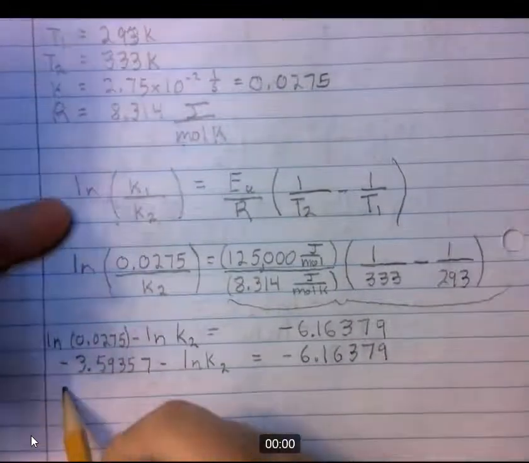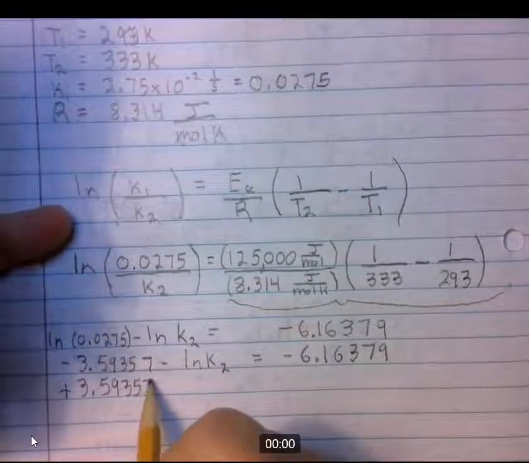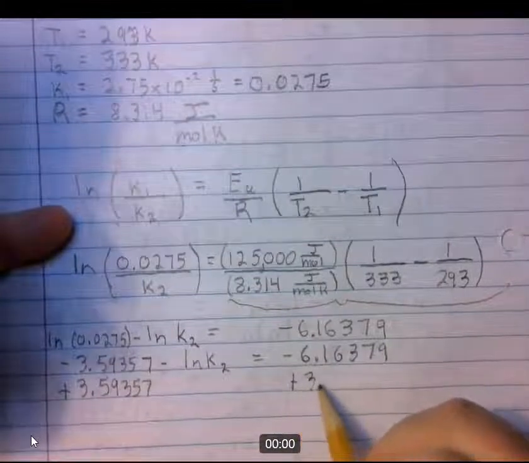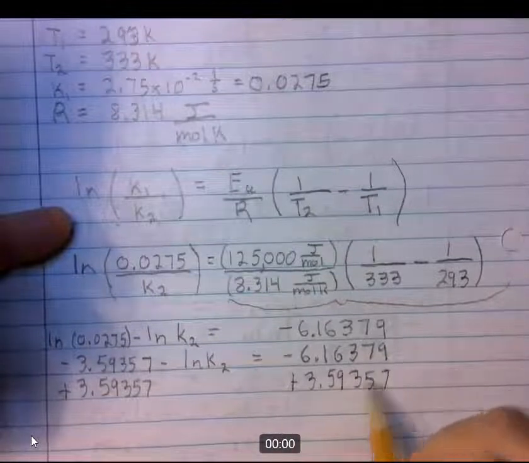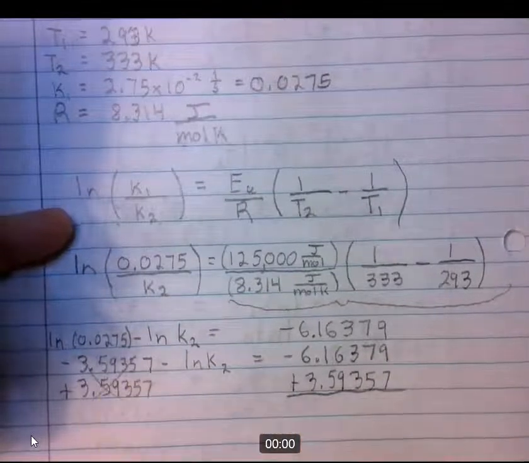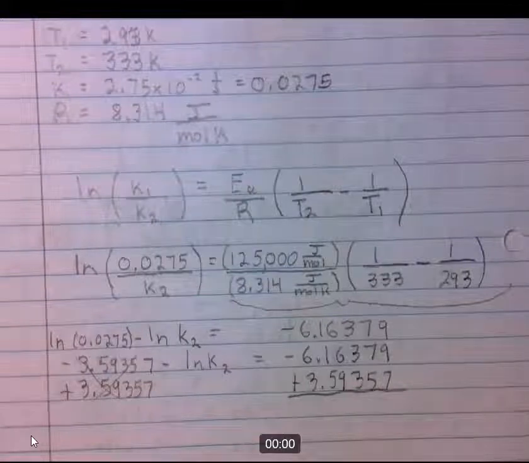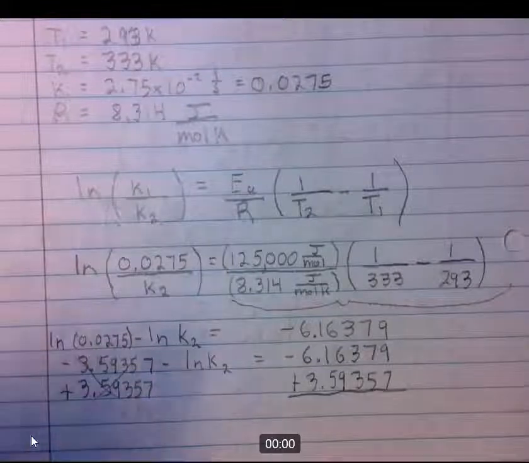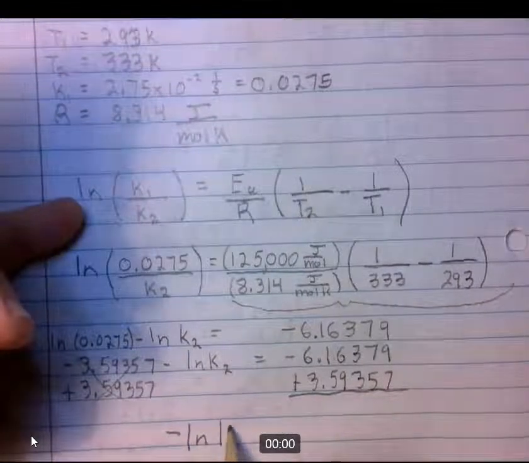Okay, now we're going to add this number to both sides. And over here it just goes away. So we end up down here with negative ln of K2.